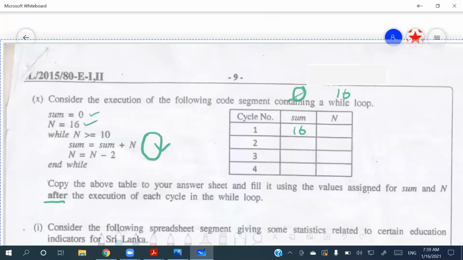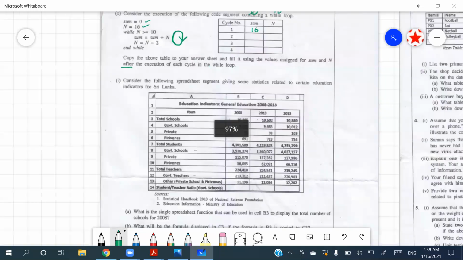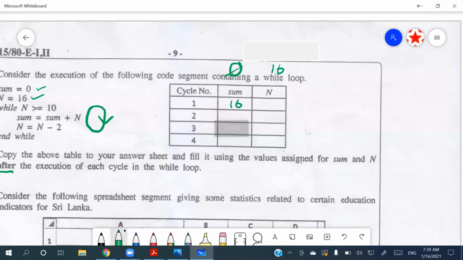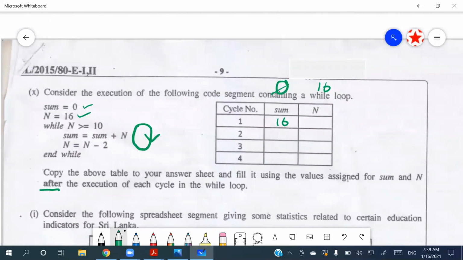Right, then it says n equals n minus 2. So n is 16, so 16 will become 14.